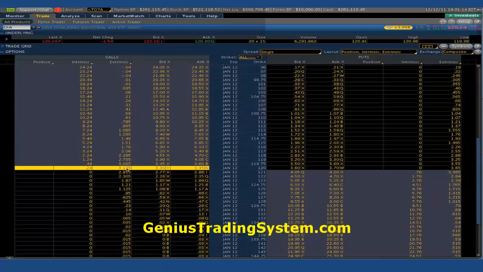Because what happens over time is that this option, because it's only 24 cents in the money right now, will erode, this time value will erode, and if you've written that option, you'll be able to capture that profit all the way to expiration as long as the underlying stays at 120 or falls below it.